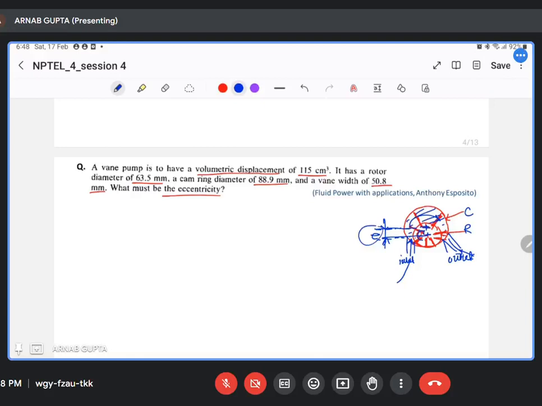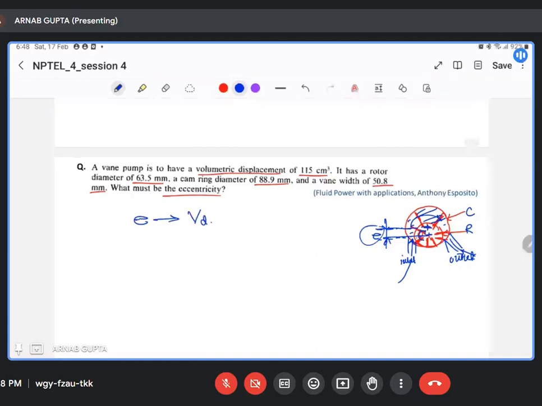Okay, so your eccentricity influences your volumetric displacement. Now it is asking what is the value of eccentricity such that you have this volumetric displacement.